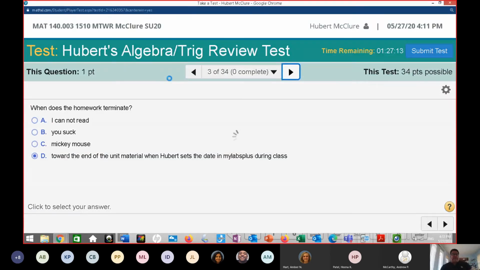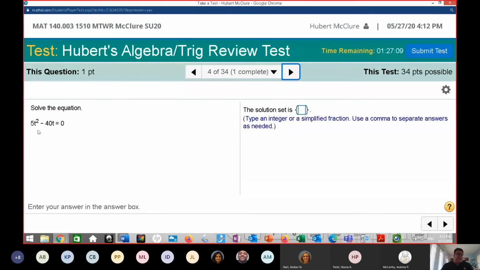Solve the equation. Now you could do this 2 different ways. You could do completing the square, which would be the most difficult way. You could factor out a 5. That would leave t squared minus 8. No, factor out 5t. Sorry.